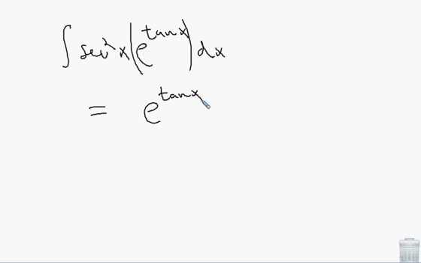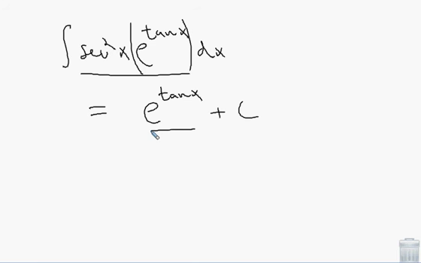So we can just know that that's going to be there. And then we have to make sure that the derivative of what we have here is going to be equal to the integrand that we started with, right? Is the derivative of e to the tangent x equal to secant squared x e to the tangent x? And it is, because the e to the tangent x stays, and times the derivative of tangent x, which is secant squared x.